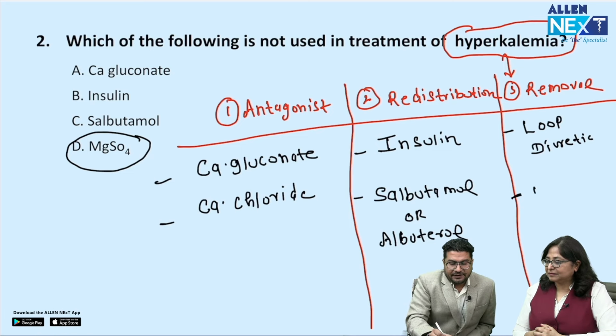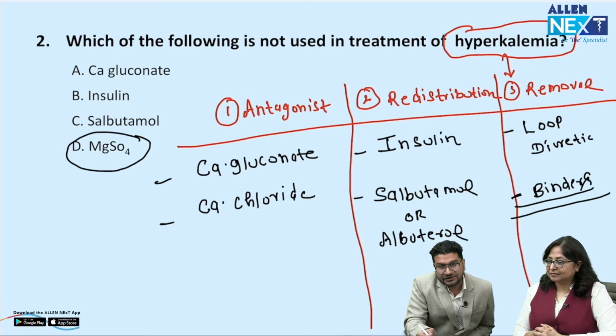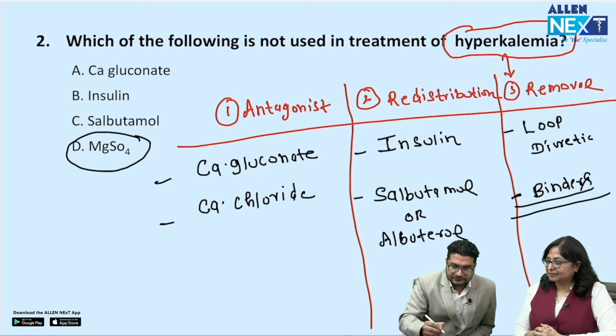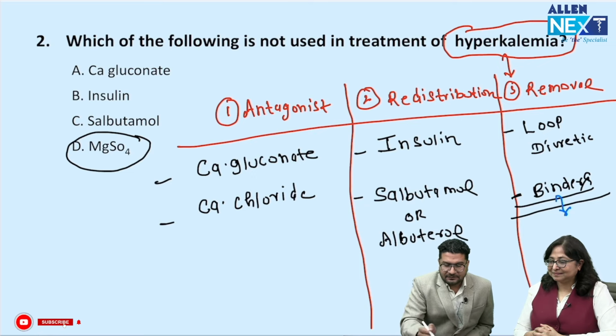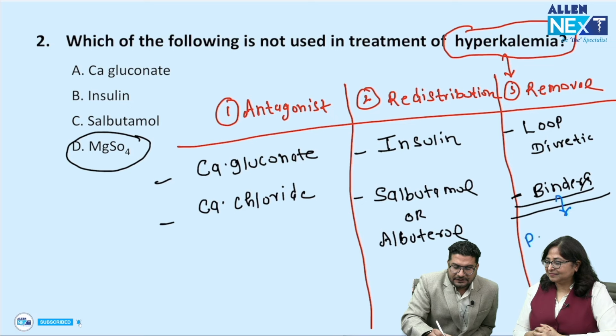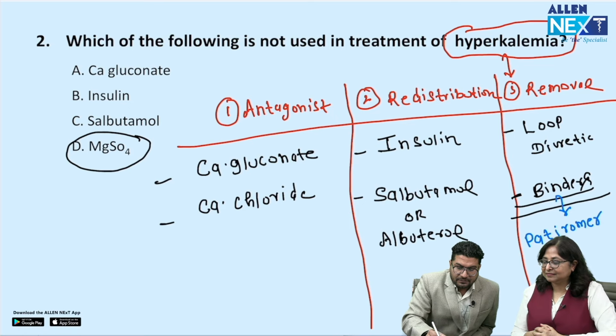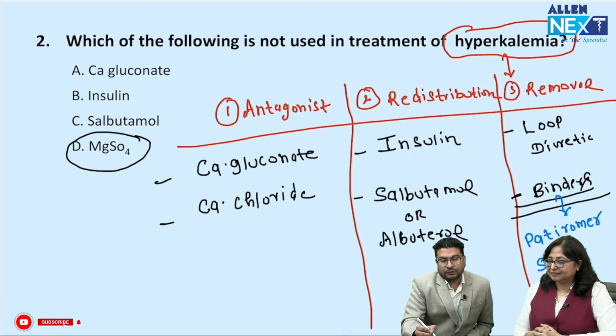Other than this, we can give binders. These are potassium binders, so they will bind potassium. Can anyone tell me the name of potassium binders? In short, we call them K binders, K for potassium. Yes, so these are drugs like patiromer. The next drug is SPS, sodium polystyrene sulfonate.